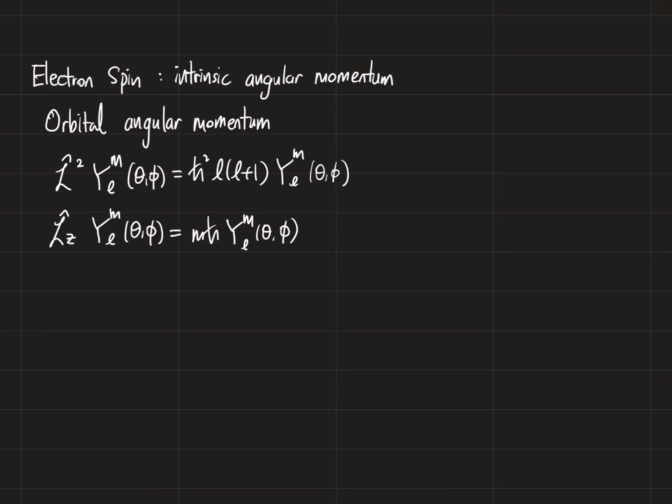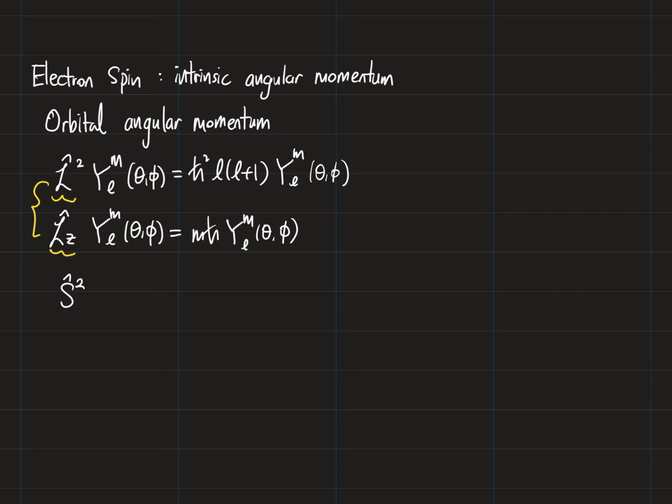So total angular momentum square and z-axis component, and we are going to use this exact same algebra structure for spin. So let's write down the similar expression.